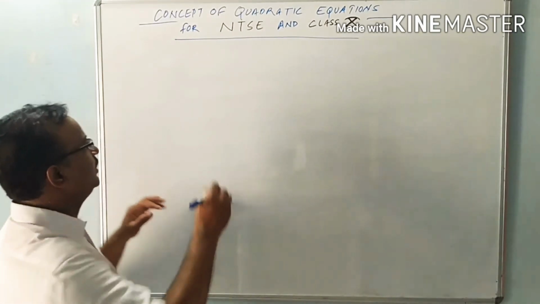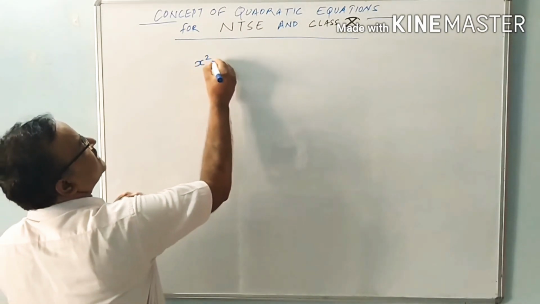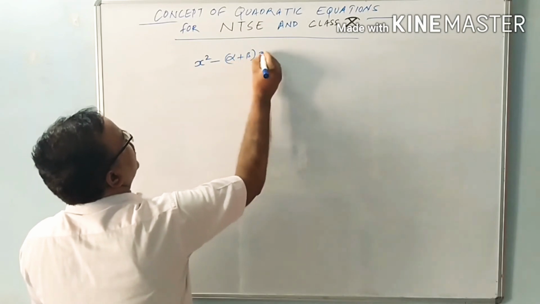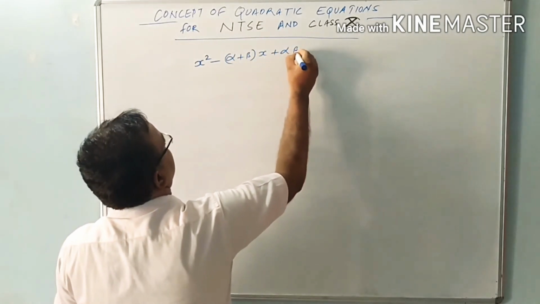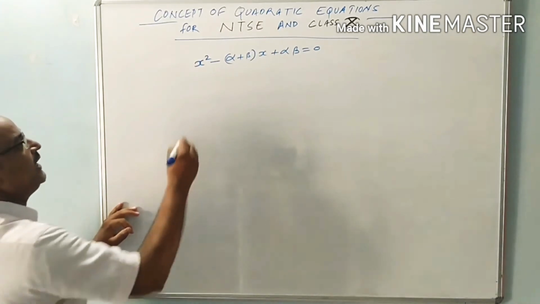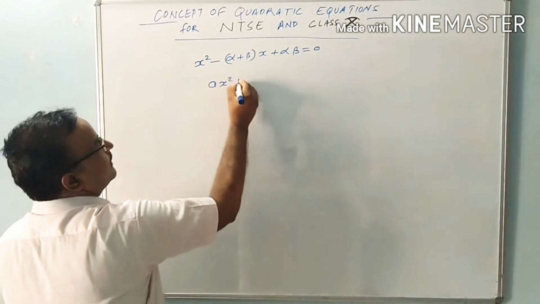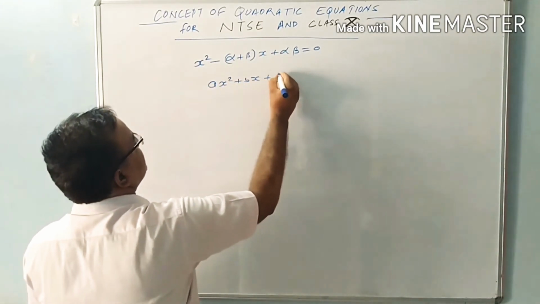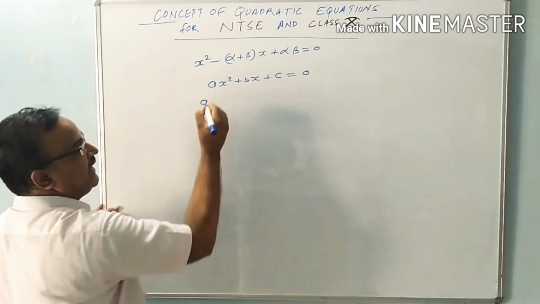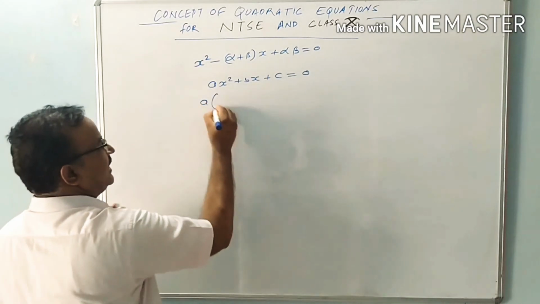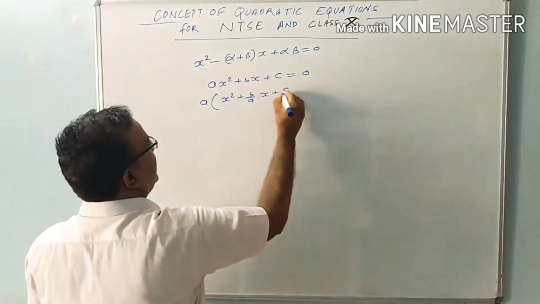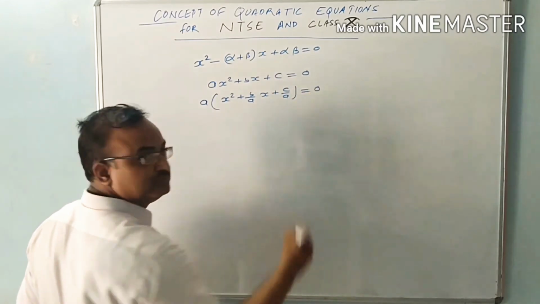If we know the sum of roots and product of roots, how can we write the quadratic equation? I think x square minus (alpha plus beta) into x plus alpha beta. But what is the proof of this formula? We know that ax square plus bx plus c is equal to 0. We can take a common, then it becomes x square plus b by a x plus c by a is equal to 0.